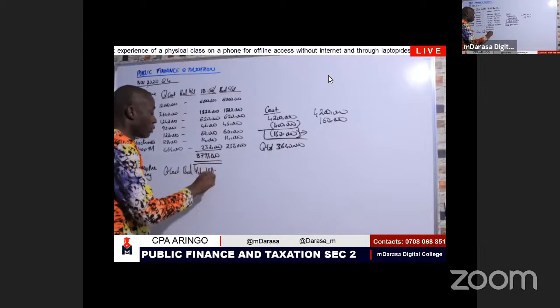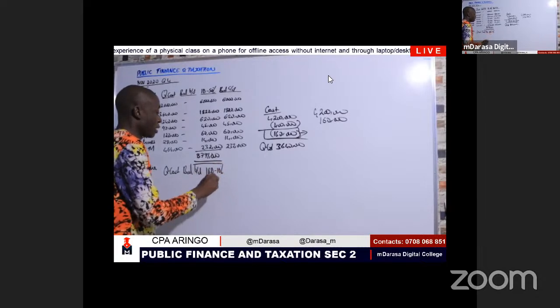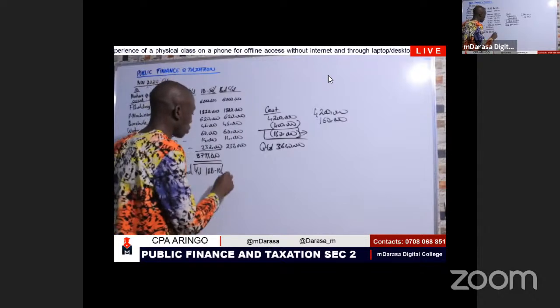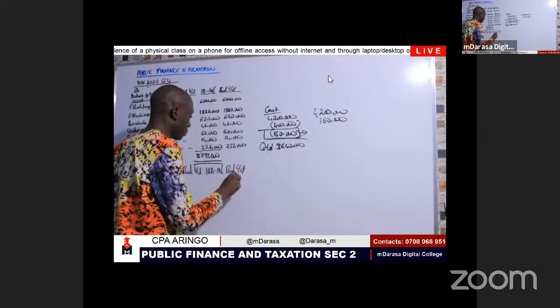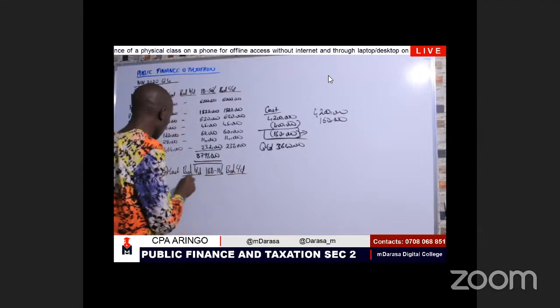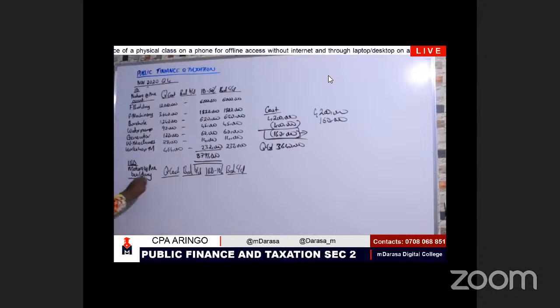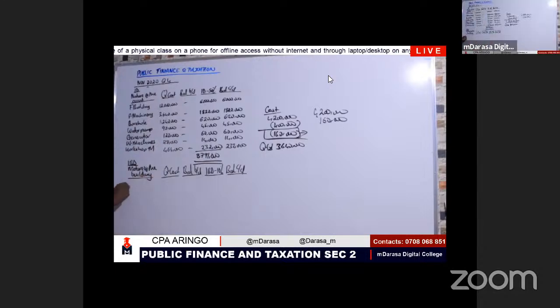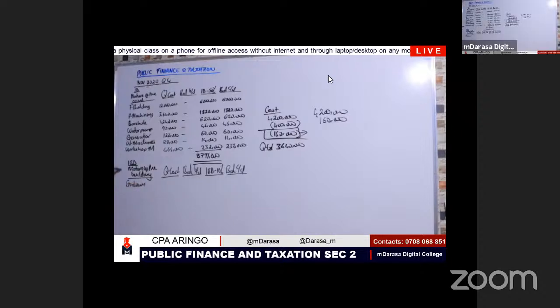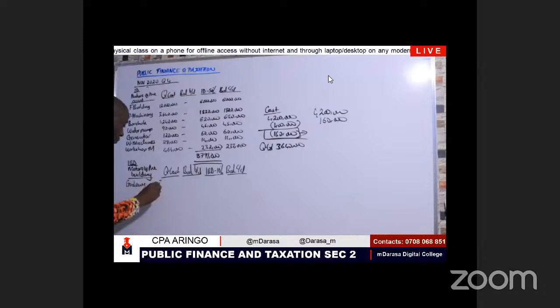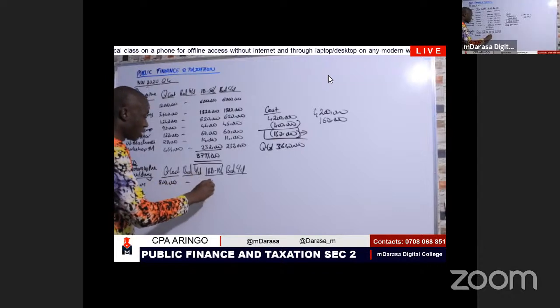This is at the rate of 10% currently, regardless of commercial or industrial, then the balance carried down. For the go-down, I was given a figure of 800,000. 10% should give us 80,000.